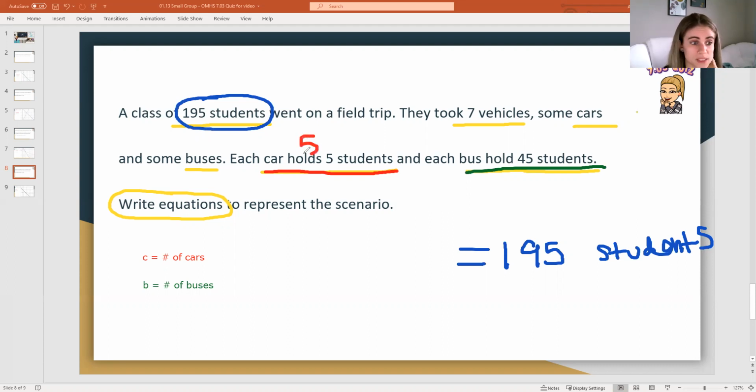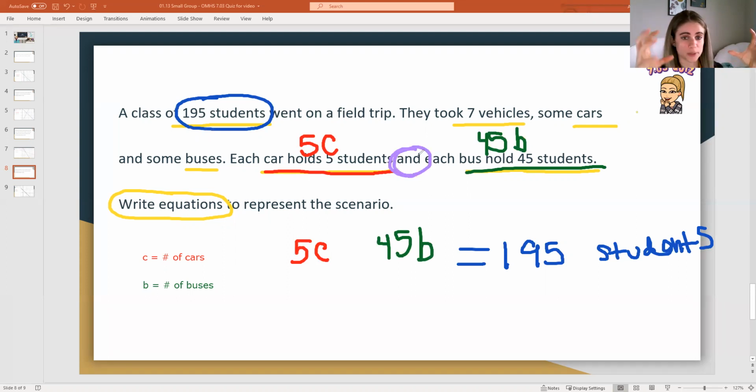So 5 times C, because 5 students times every car that's available. And then a bus holds 45. Well, bus is my other variable, B. So 45 students times every bus that is there. And my connecting word is "and," which means these are being combined, so I will add. All right, equation number 1 is done.